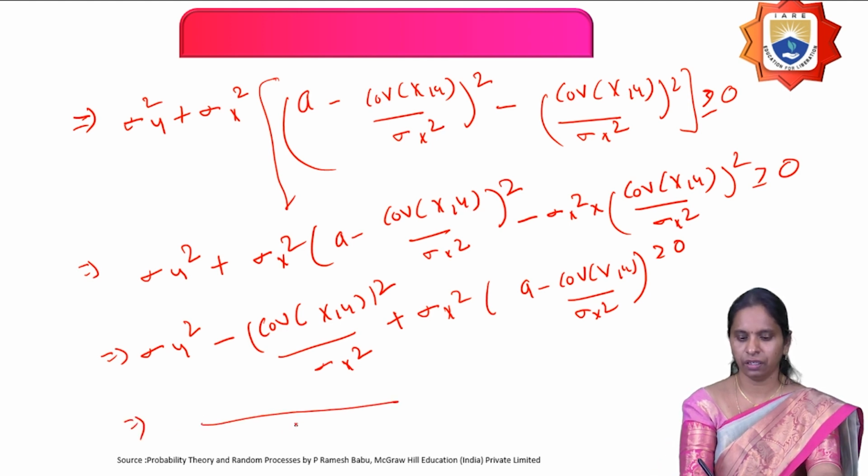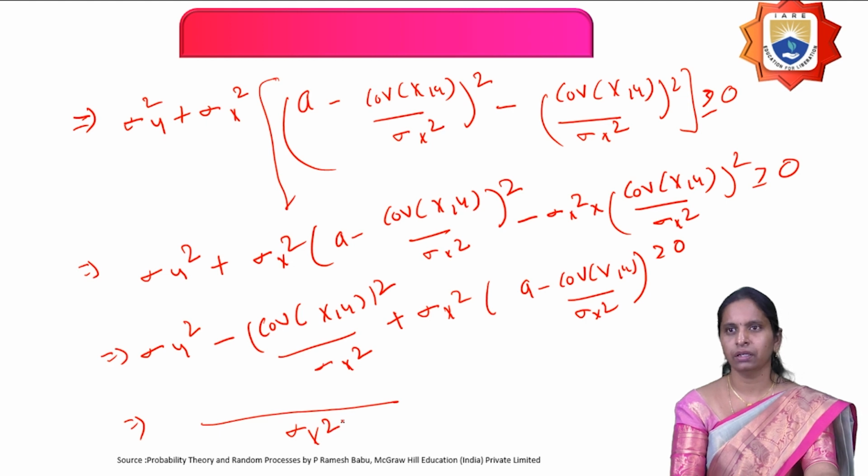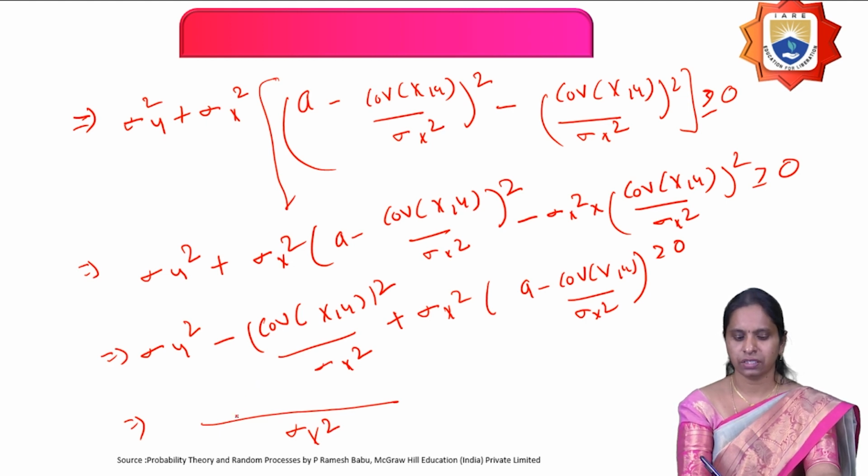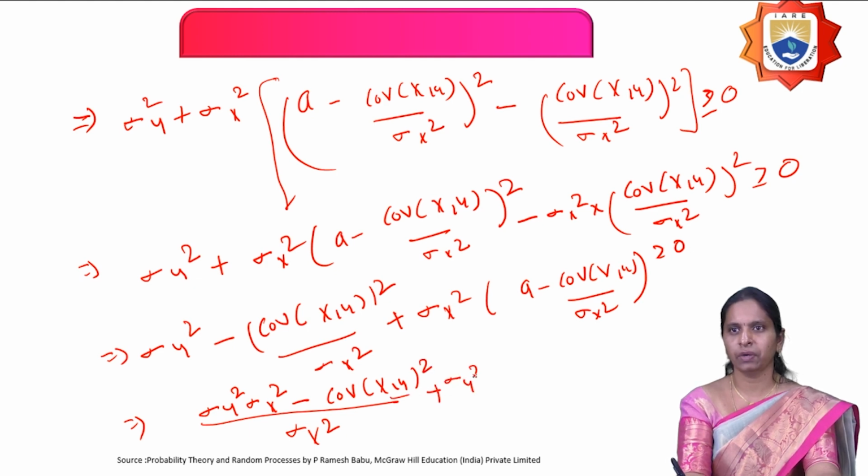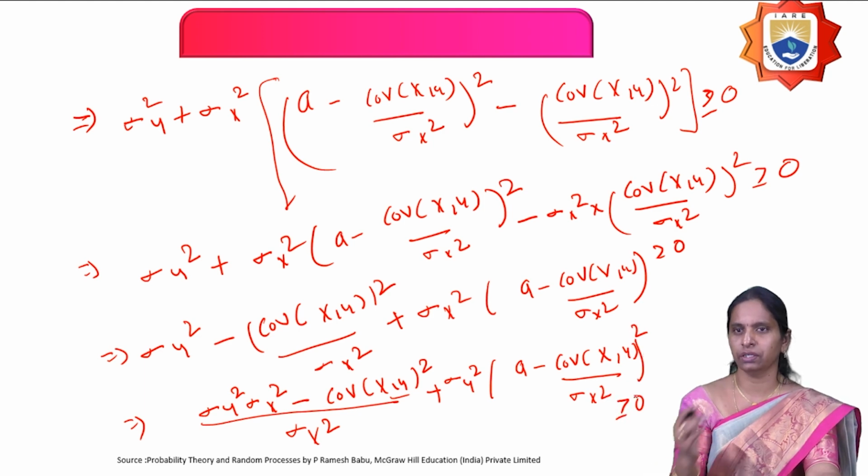Then what can you obtain here? Sigma x square. Then how can I write this? Sigma y square into sigma x square minus covariance of x comma y whole square. Now the second term, sigma y square into a minus covariance of x comma y by sigma x square whole square, which is greater than or equal to 0.